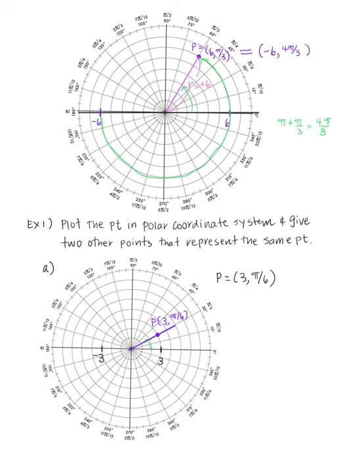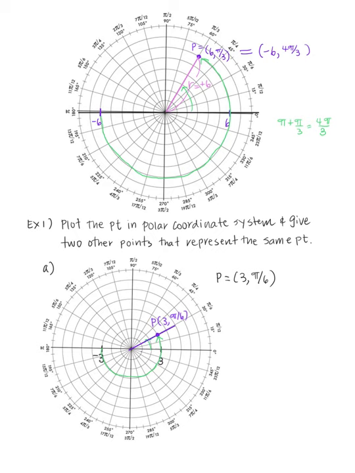So how about we start from negative 3? If I start from negative 3 and move counterclockwise, that means our angle is going to be positive. So let's start from negative 3 and revolve towards that point, and here we are.